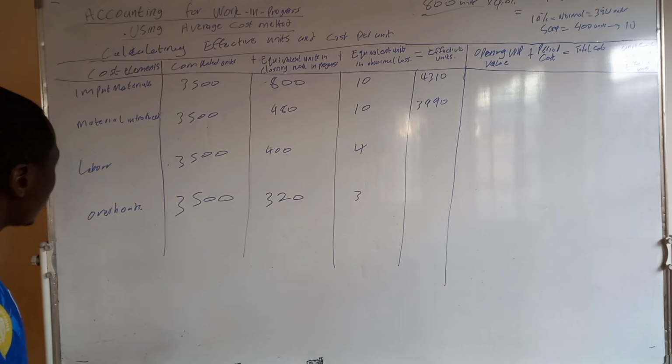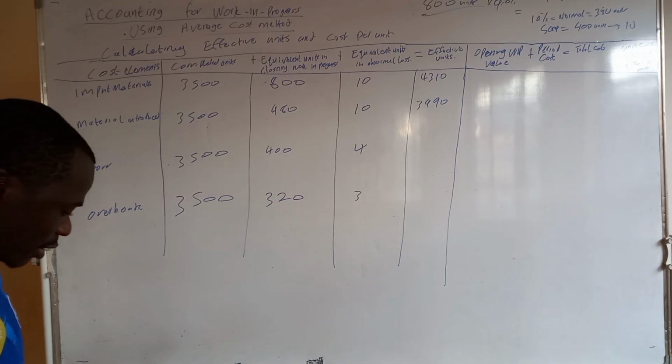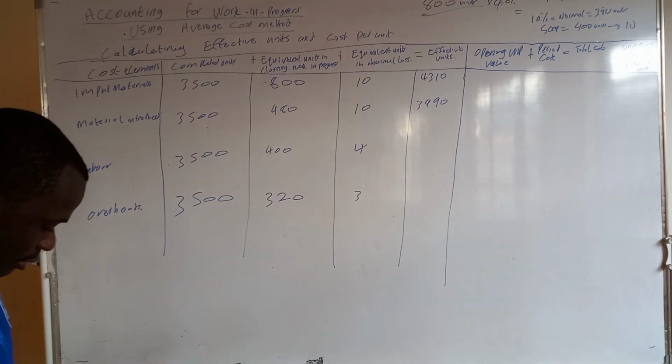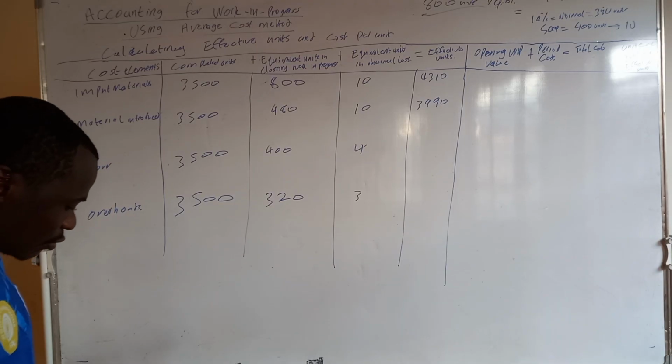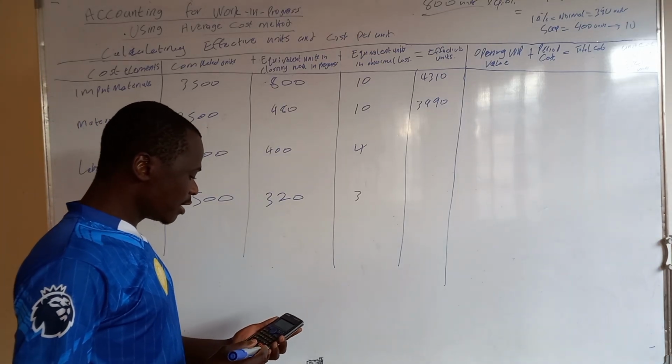Then we have labor: 3,500 plus 400 plus 4. We get 3,904.